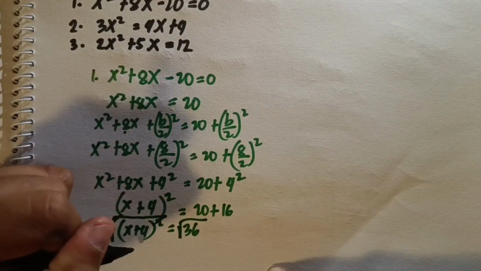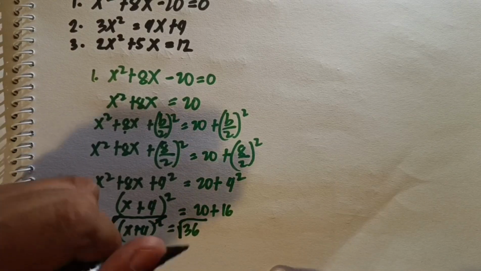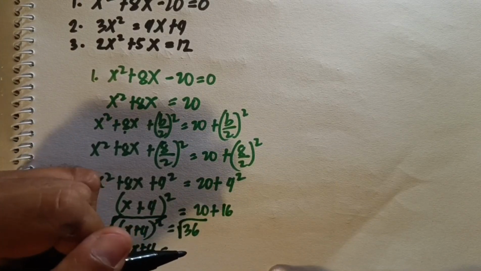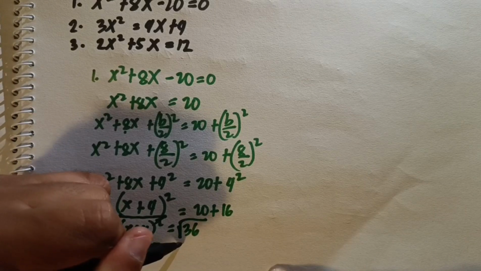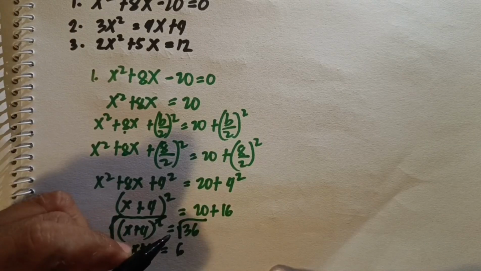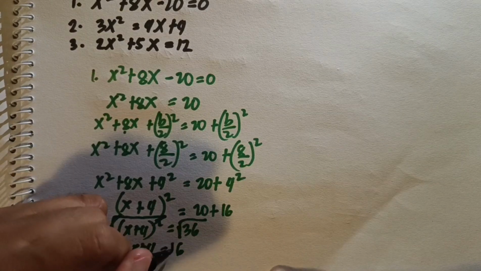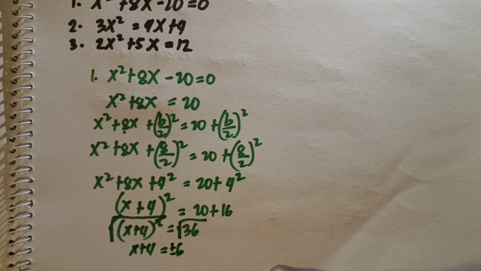So the square and square root cancel out, the remaining is x plus 4 equals the square root of 36, which is 6. Since we are doing the square root of both sides, the result is positive and negative 6.